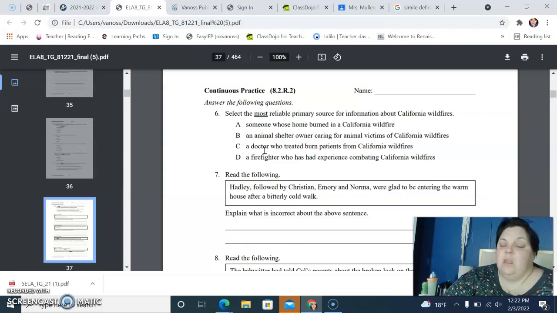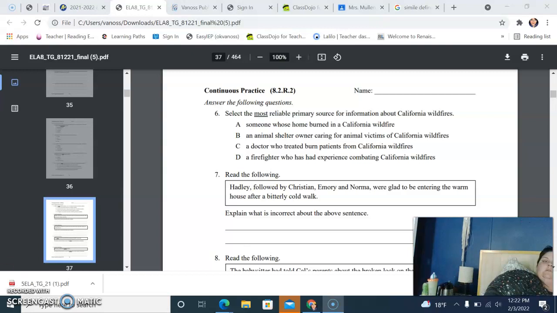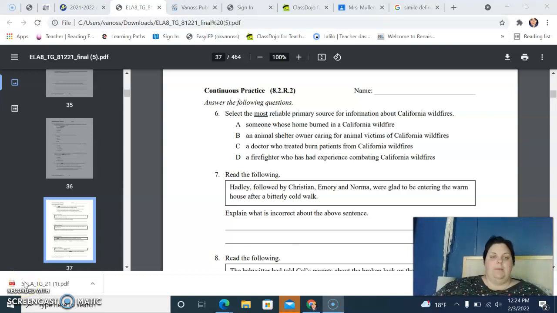7. Read the following. Hadley, followed by Christian, Emery, and Norma, were glad to be entering the warm house after a bitterly cold walk.